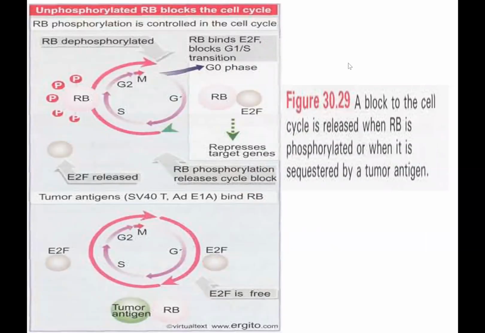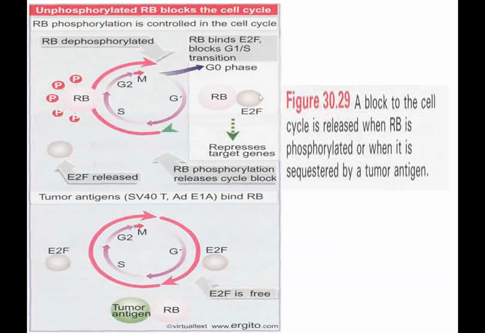So what happens? See, this is the normal cell cycle, wherein any non-cancerous cell or normal cell is kept in a G0 phase, that is the resting phase, and what keeps these cells, in this case the retina eye cells, in G0 phase is this combination, that is the RB protein and this E2F factor.